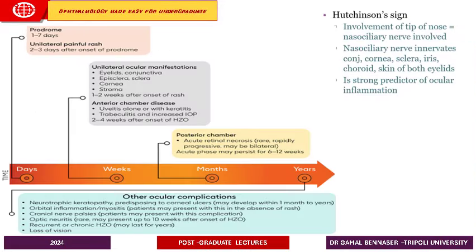In this slide, I will show you that no structure inside the eye is immune against herpes zoster. Herpes zoster can involve any structure of the eye. Of course, the most common involvement is the anterior segment, namely the cornea and the conjunctiva. However, no structure is immune, and different presentations can occur.